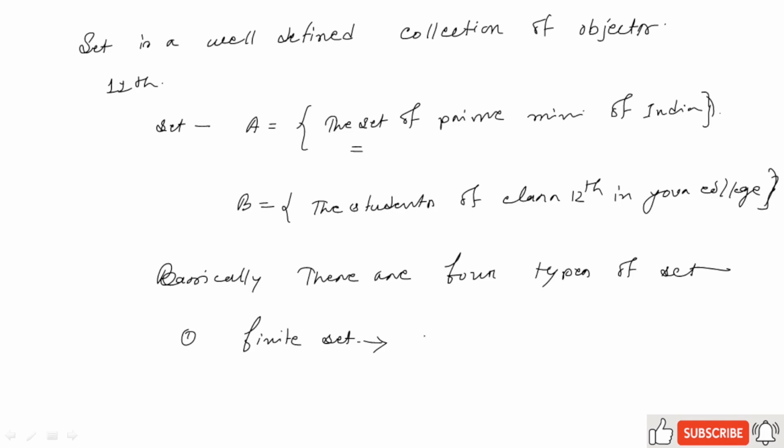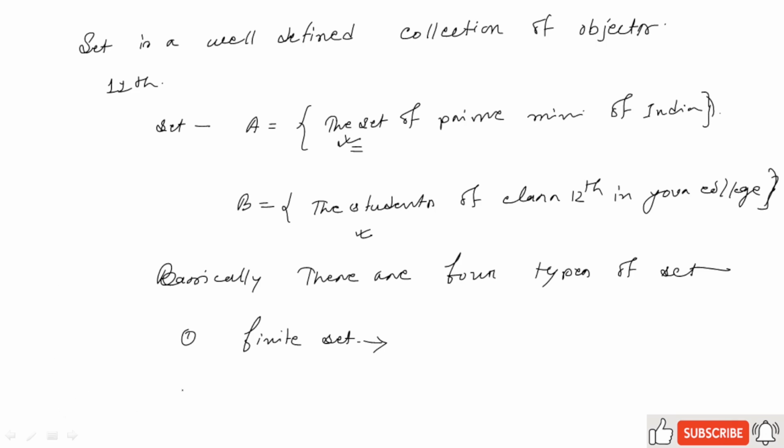If the number of elements of a set is finite, that means countable, then that set is called a finite set. You can easily count the number of students in your class, or the number of prime ministers after independence in our country. Those sets whose elements you can easily count are called finite sets.